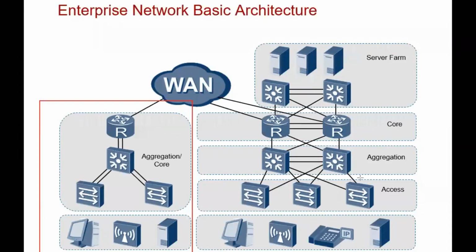So if MMU is commissioning a new computer lab, maybe an AI lab or an IoT lab, they'll simply connect a switch to a port on the aggregation layer switch, like that. If they're opening another lab again, they can do that.